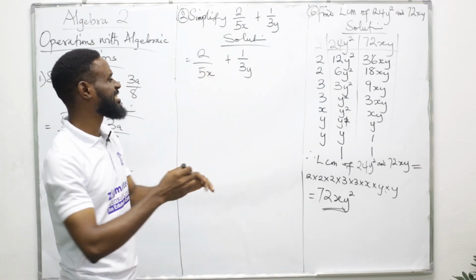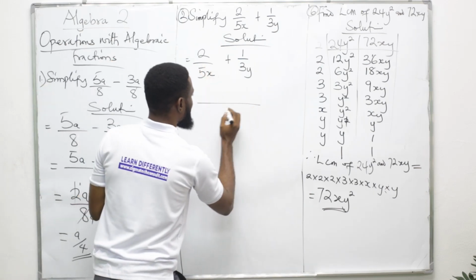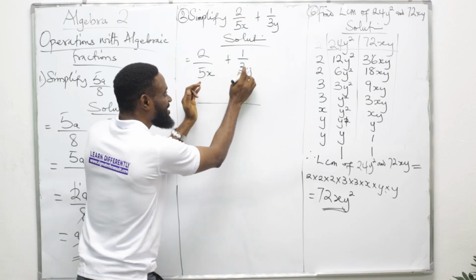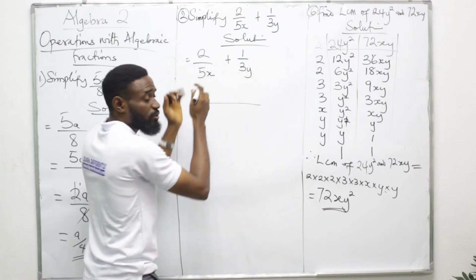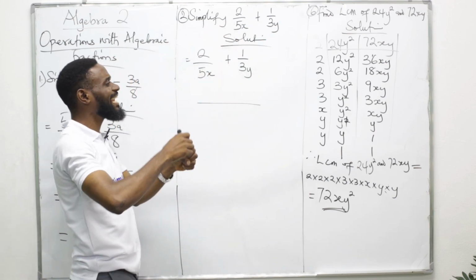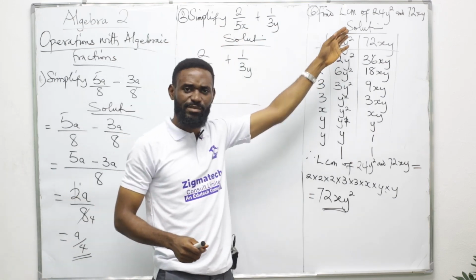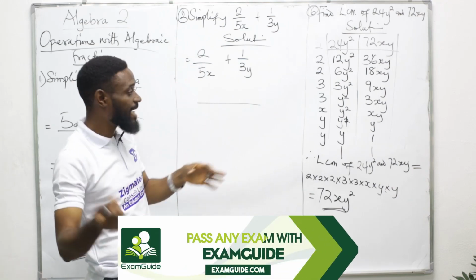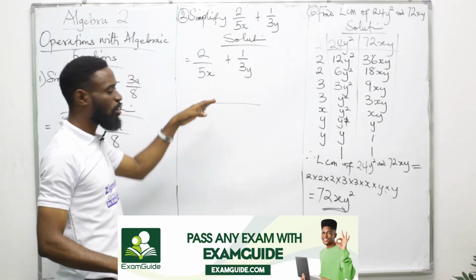When you get the LCM of the denominators, you rule a line, then bring that LCM here, then divide that LCM by these two denominators and multiply by that. Okay, now see where the knowledge of LCM of algebraic expression comes to play now. So you can apply what we have just learned in what we want to do now.